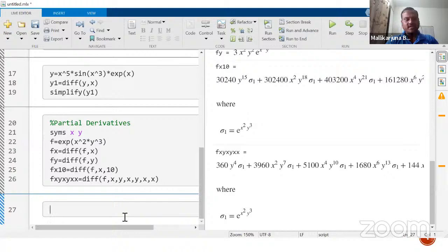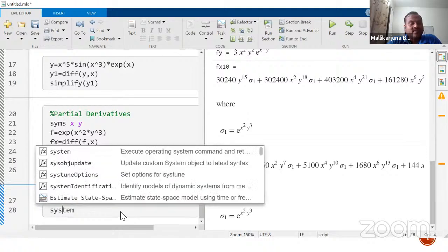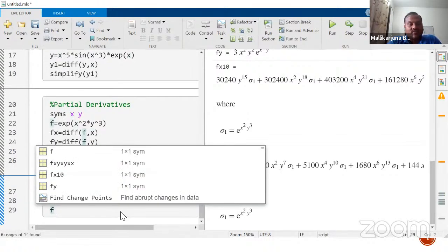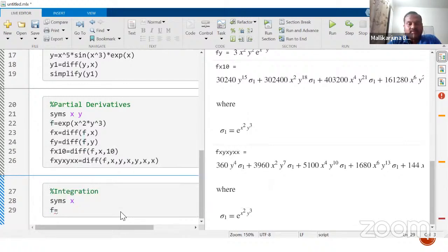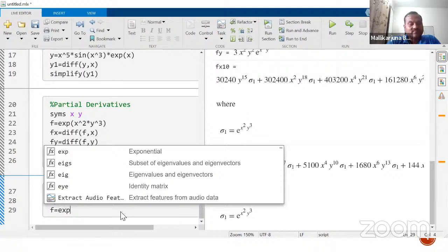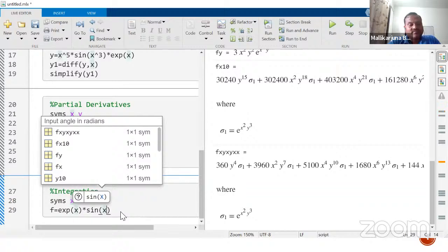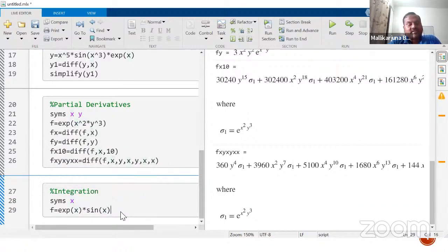I don't think you'll get a doubt here, right? Next, integration. Same here also, first we define the variable and the function, maybe e power x into sin x.